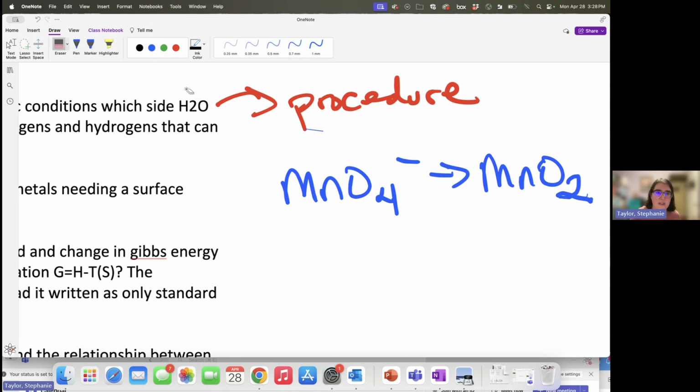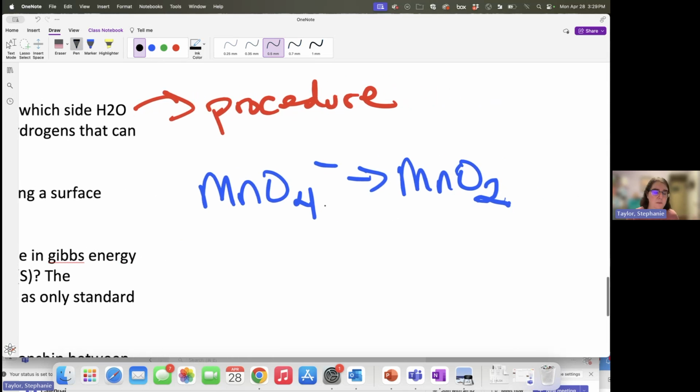So part of this idea of, how do you know where things go? You can play the game a little bit and say, okay, if this is my half reaction, then I know that whichever side doesn't have enough oxygens is going to be the one that winds up with the hydroxides in the end.